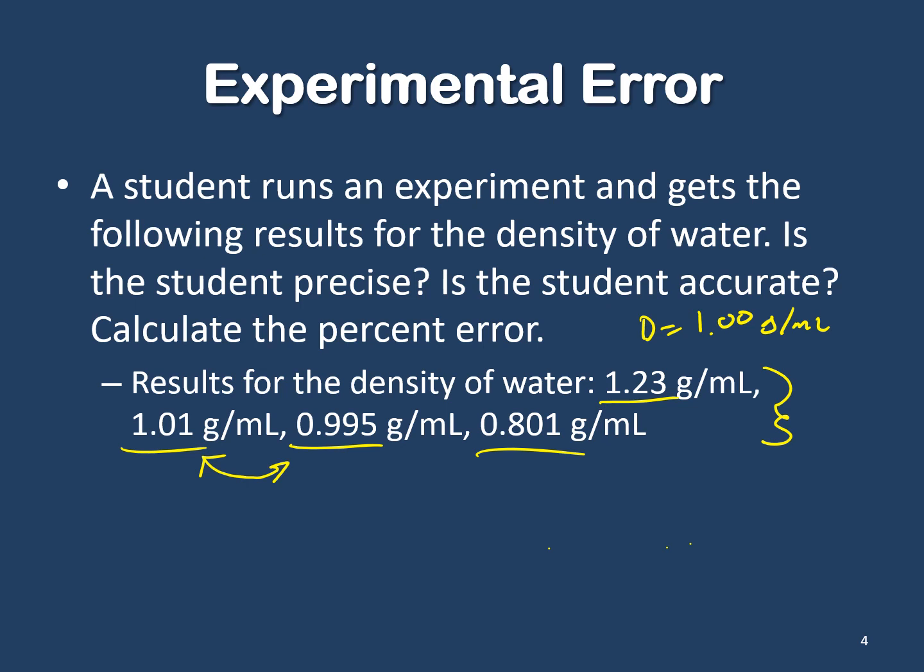So the first thing we're going to do is average our values. If we calculate the average of these 4 numbers, we get 1.01 grams per milliliter. Now, using this value, we take our average experimental value minus the actual for our error measurement, right?